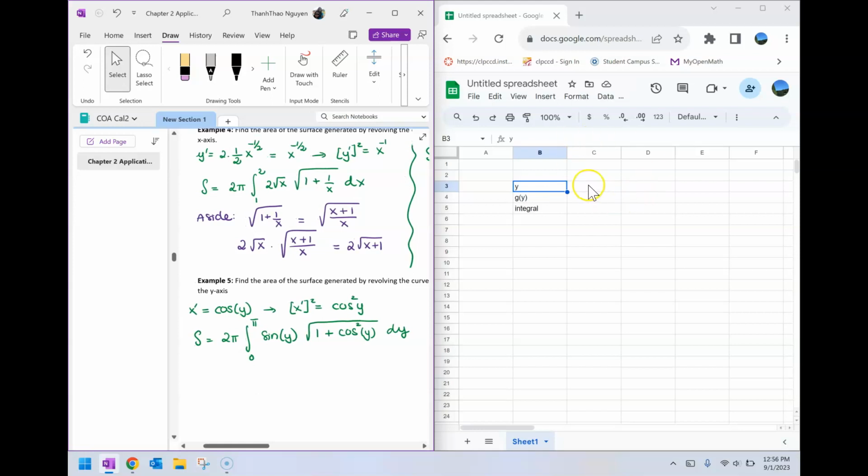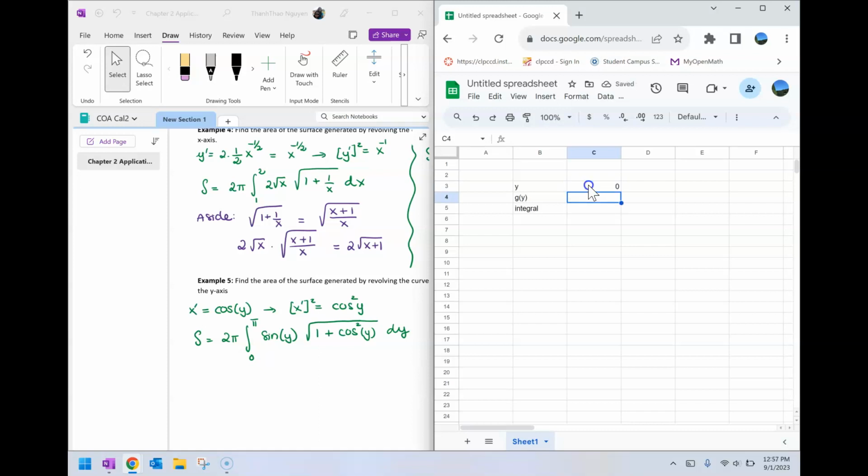Now, when y is equal to 0, the value of this integral equals sine of 0 times the square root of 1 plus cosine squared of 0. So at y equals 0, this integral is 0 because sine of 0 equals 0.